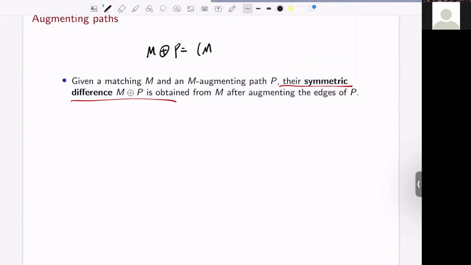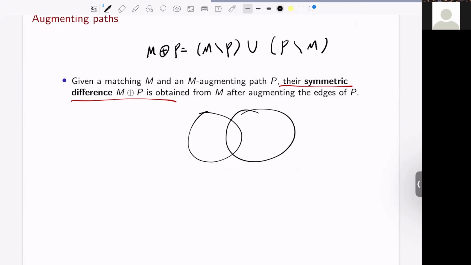If you draw the Venn diagram, you just remove the intersection and keep the elements excluding the intersection. That's the symmetric difference. If an edge appears in both M and P, you take it out. If an edge appears in exactly one of M and P, you keep it. That is what this augmenting step does.